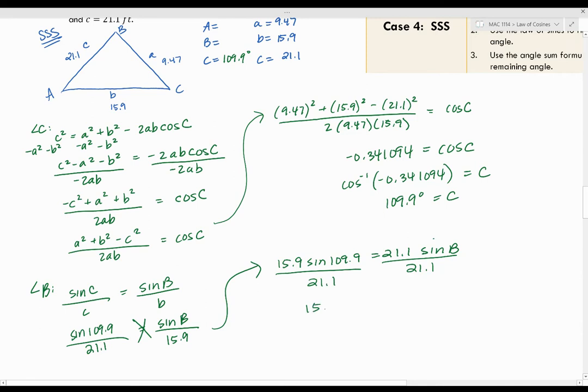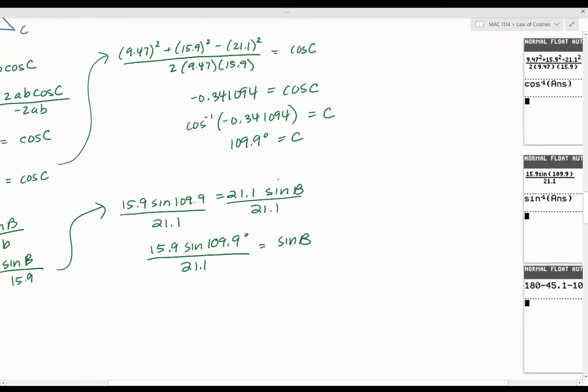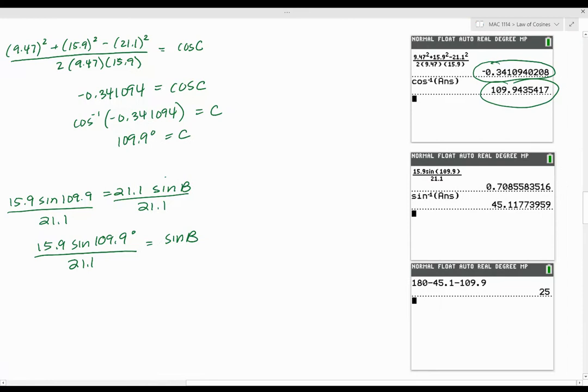So 15.9 times the sine of 109.9 degrees divided by 21.1 will give me sine B. I plug that into the calculator to get a decimal, 0.708558.